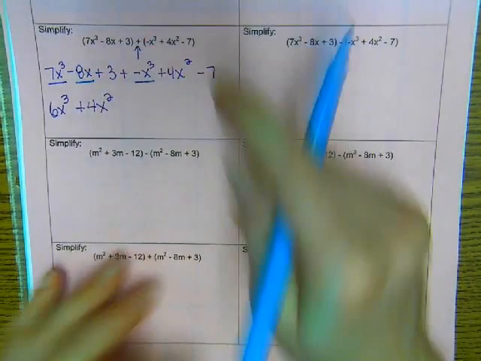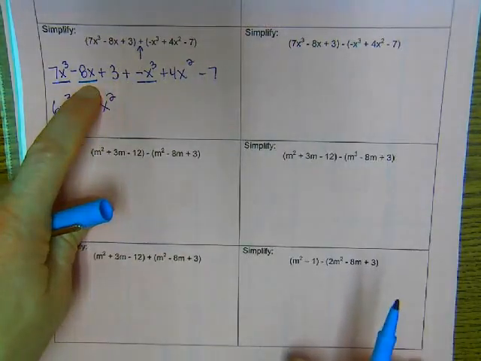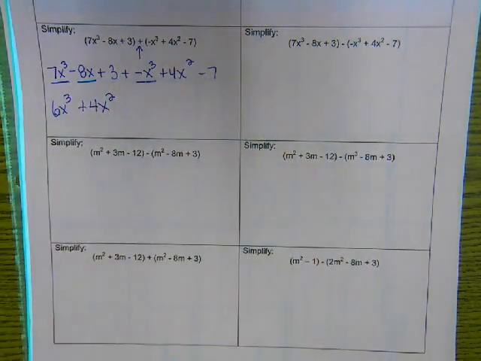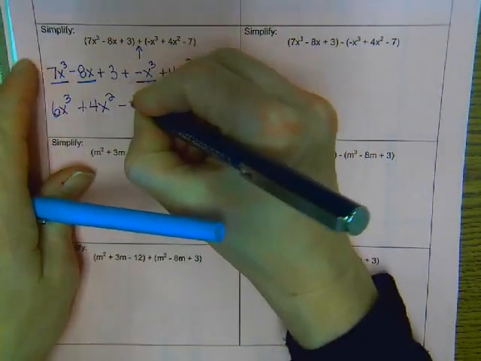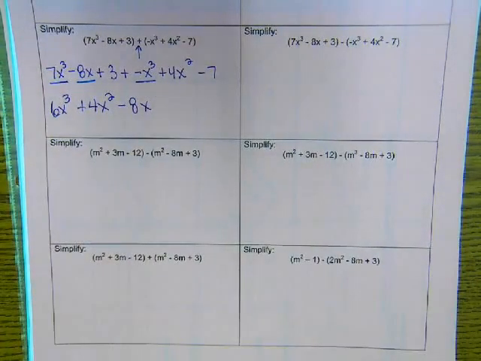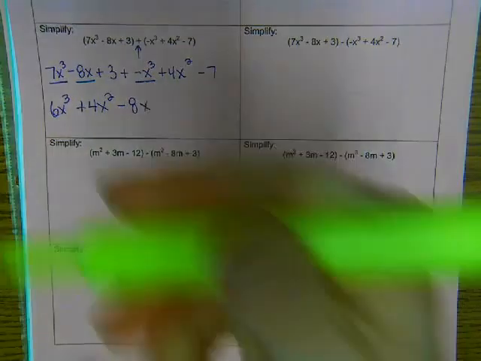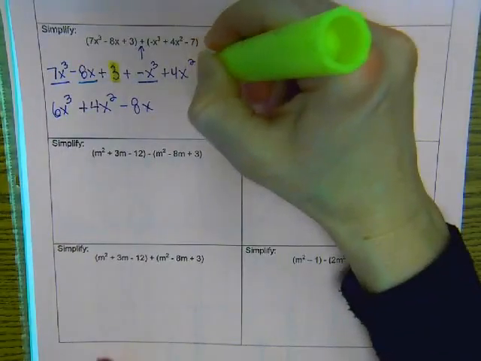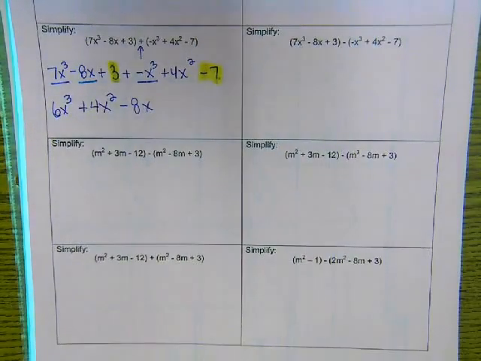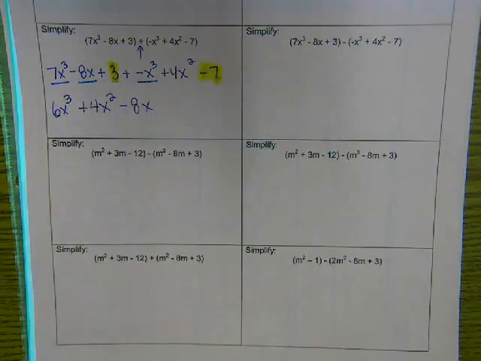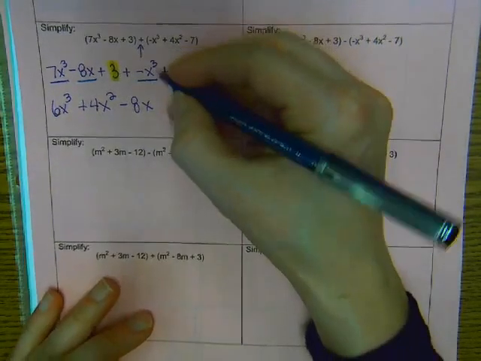I look down my list again. I don't see any other terms with x in it, so I'm going to write minus 8x. And then I see 3 and minus 7. I can put those together, right? What do they simplify to be? Minus 4.